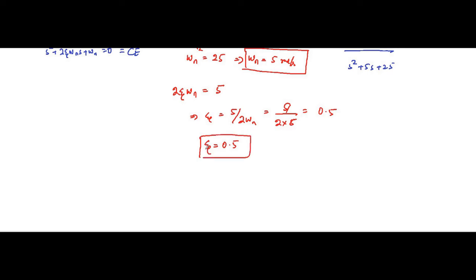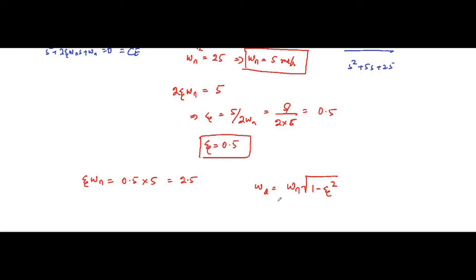Then we have to determine the damping factor, which is equal to zeta omega n. Zeta omega n is simply zeta 0.5 into undamped natural frequency omega n, which is equal to 2.5. Then we have to determine the damped frequency of oscillation omega d, which is equal to omega n into root over of 1 minus zeta square.